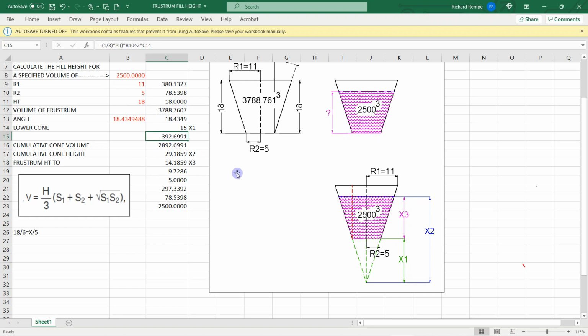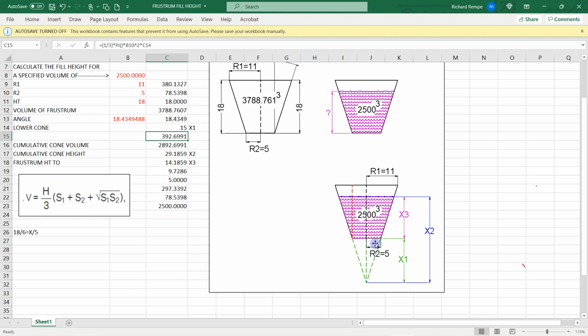Now we can calculate the volume of that cone, which is one third of pi times the radius squared times the height. The radius is 5, the base radius, times the height, and you get 392.699.